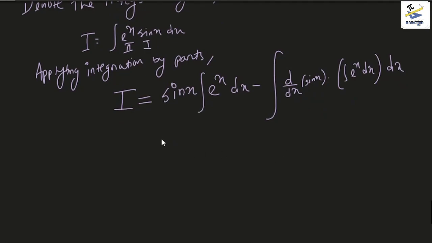So what we do get is integral of e to the power x is just e to the power x, so it becomes e to the power x sin x minus differentiation of sin x is cos x, so cos x into e to the power x dx.